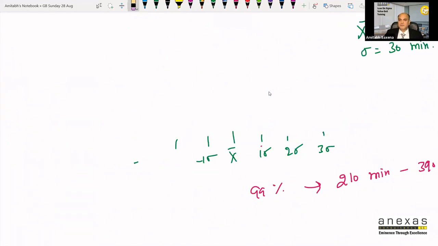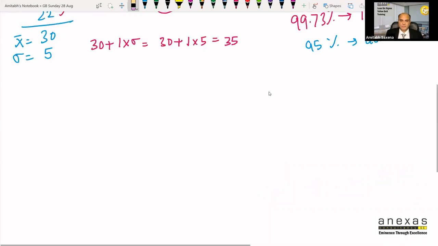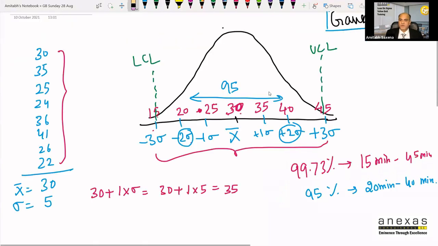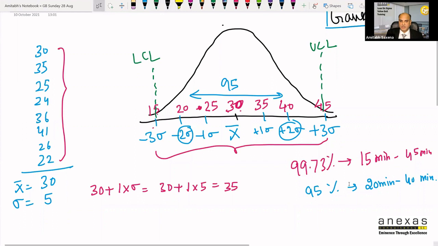So in my hospital, the waiting time is, let us say, 15 to 45 minutes. So I can depict this as a control chart.